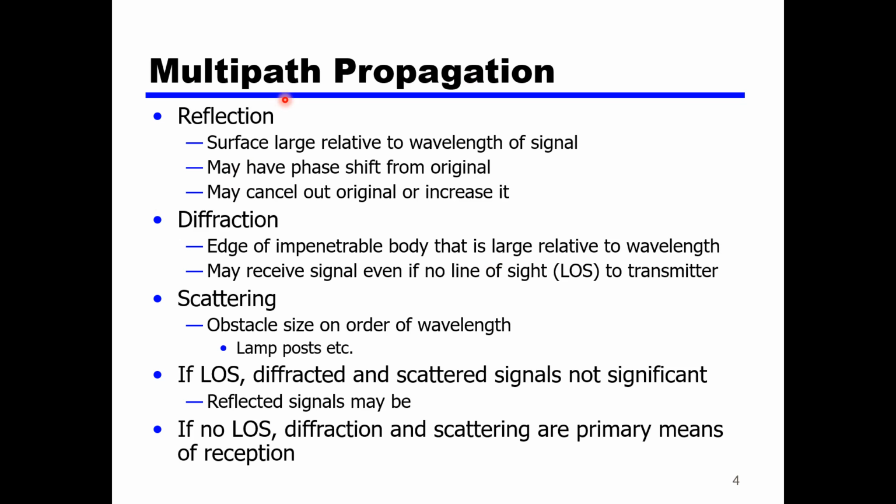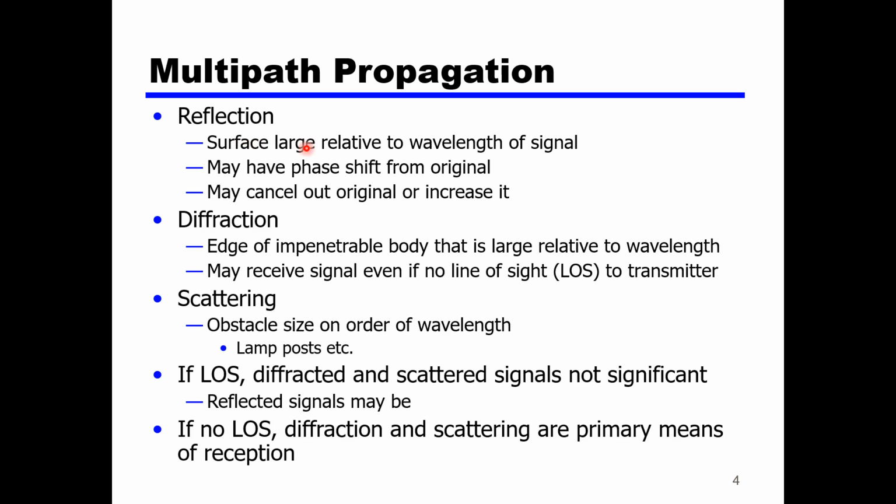So reflection is nothing but basically, if the surface is large relative to the wavelength of the signal, which has a frequency in the gigahertz or megahertz range. Corresponding to that, the wavelength will be in the range of meters, or millimeters. Sorry, if it is in gigahertz, the wavelength would be in millimeters.